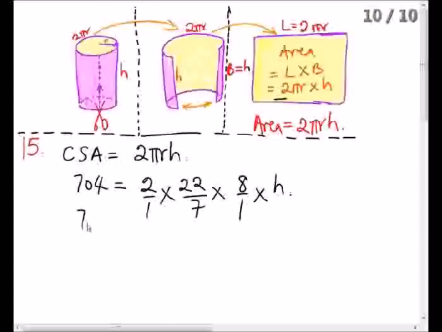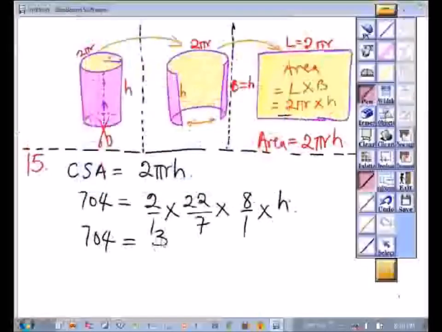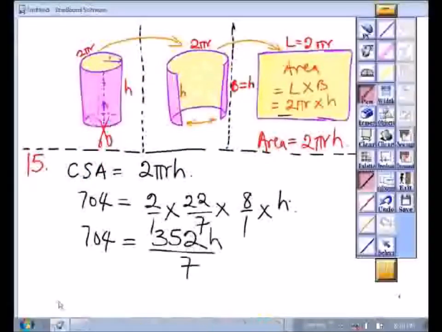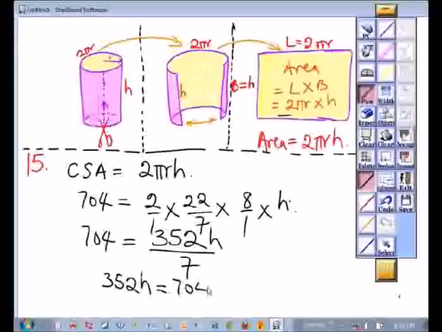So this gives us 704 is equal to, from the calculator, 352. Of course, we put h over 7. And by cross multiplication, we have 352h on the right hand side, giving us 704 times 7.